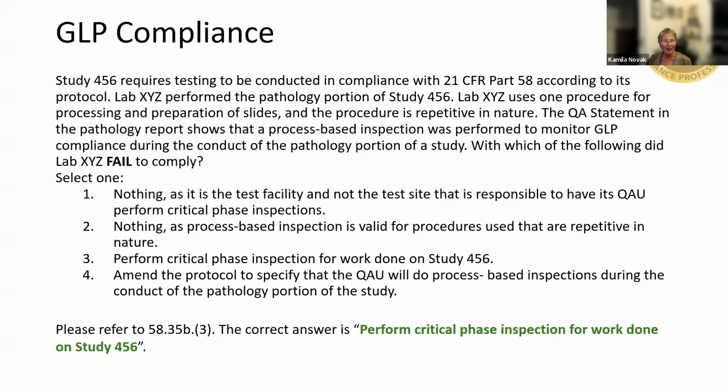Can you hear me okay? Yes. Oh, fantastic. I was just thinking about one of the previous slides where GLP inspections can be a process-based inspection. So I guess I was assuming that there was a previous process-based inspection for this process.